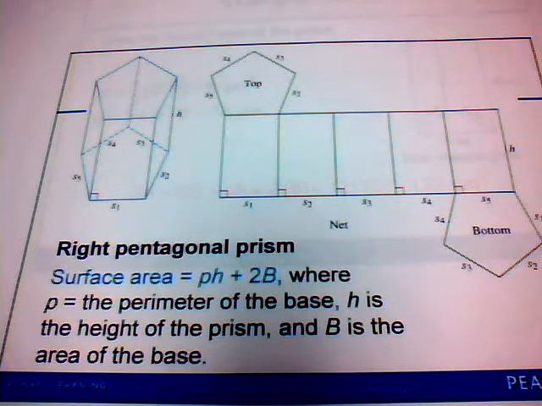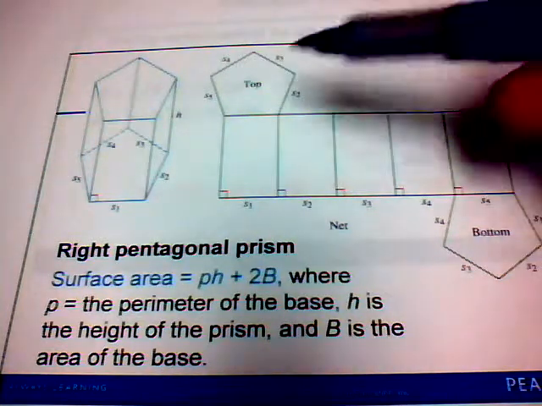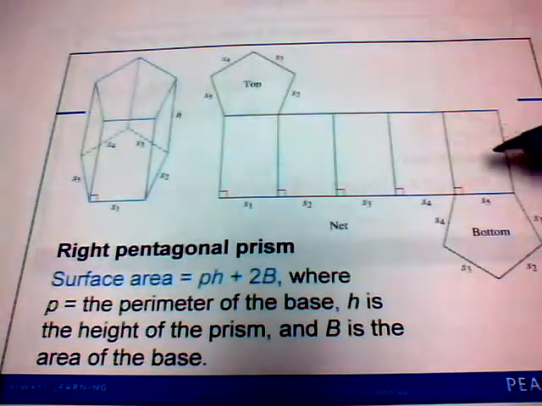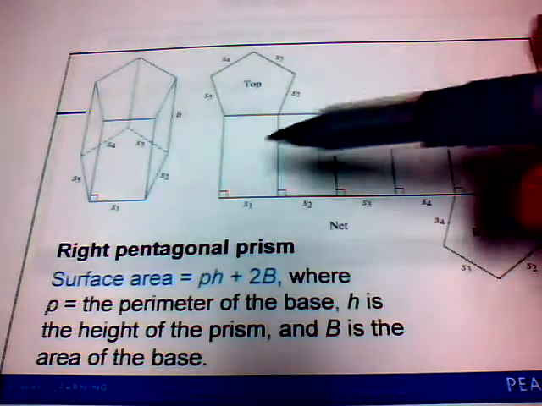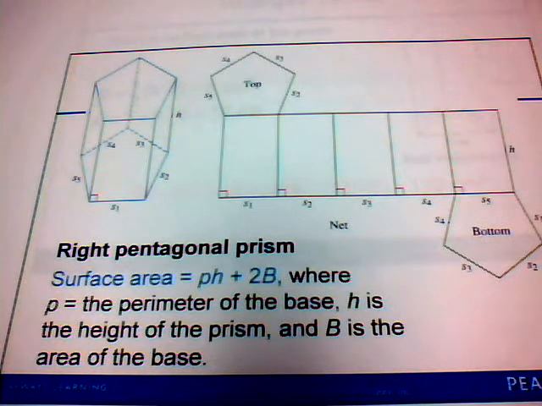So it's P times H plus 2 times B, and the B is going to be the area of that base. Whatever the base is, your top and your bottom are your bases. These are your lateral faces of the right pentagonal prism.